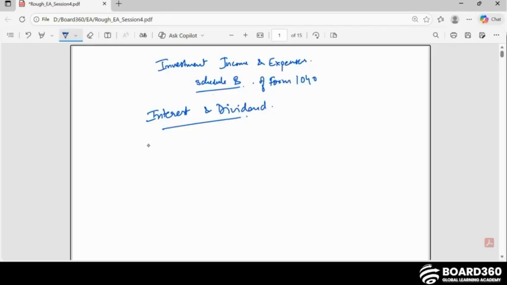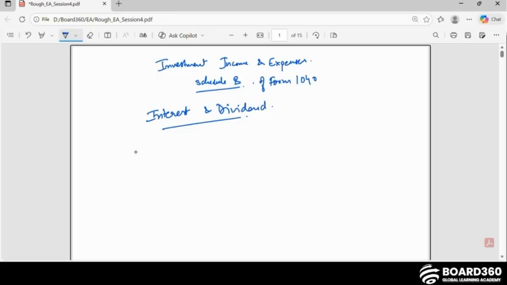So generally, a taxpayer who deposits cash or invests in securities gets income in the form of interest, dividends, or maybe capital gains, right?